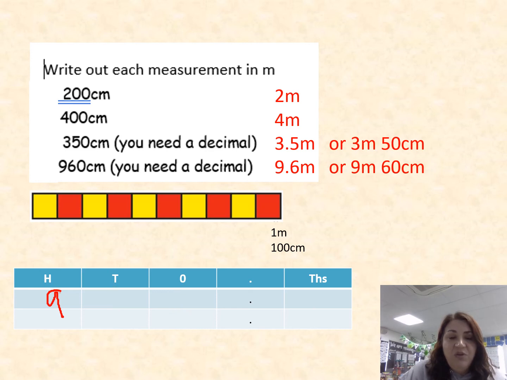Of course, when you do it that third way, you do need the 0 on the end because you are still working in multiples of 10 when it comes to the centimetres. If you left it off, it would be 9 metres and 6 centimetres, which wouldn't be correct because that 0.6 on the end is a tenth. It's 0.6 there, which is 60 centimetres. So you do need the 0 on the end when you're doing that third way.